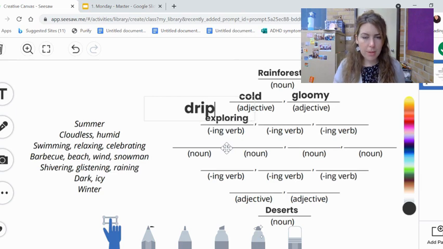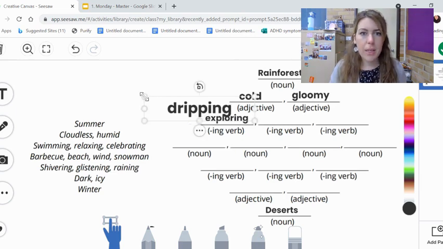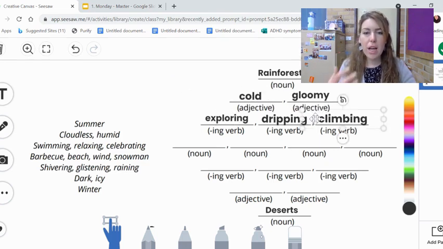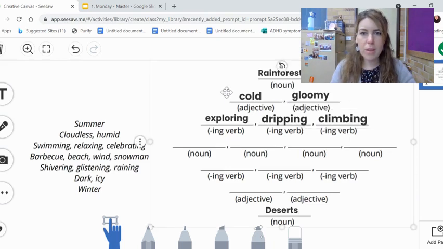I'm going to put dripping, because when it rains in the rainforest, the leaves get wet and water droplets fall down towards the floor of the rainforest. I'm going to put climbing, because in a rainforest, animals climb, but also the trees and vines climb up towards the sunshine. So now I've got rainforests, cold and gloomy, exploring, dripping, climbing.